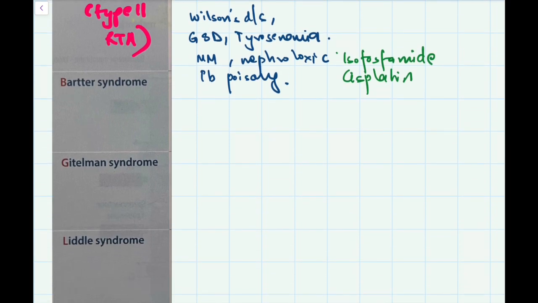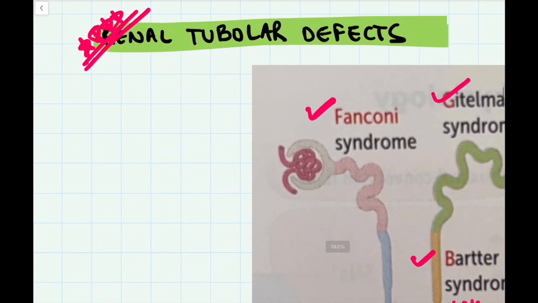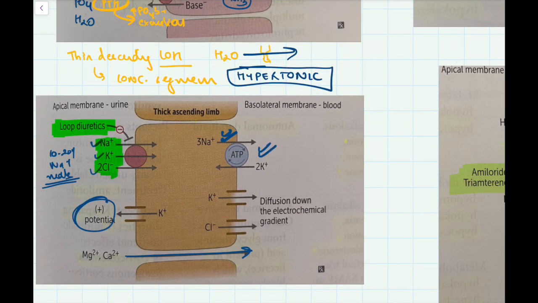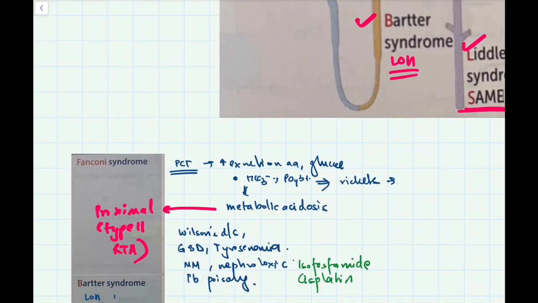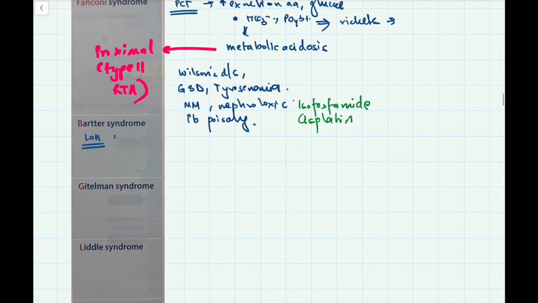Here there is a reabsorption defect in the loop of Henle. We remember the loop of Henle has the sodium potassium 2 chloride channel. So in Bartter syndrome, there is a defect of the sodium potassium 2 chloride channel.